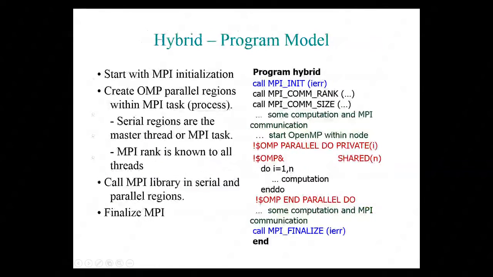Okay. So here is a protocol for a hybrid code. Assume we start with MPI. So it's always MPI init, MPI rank, size, and then you do some MPI communications.